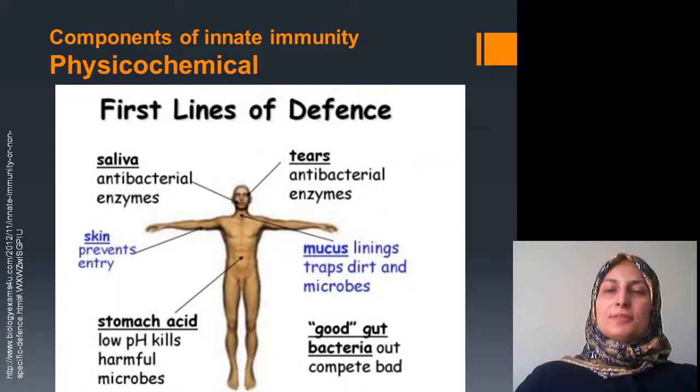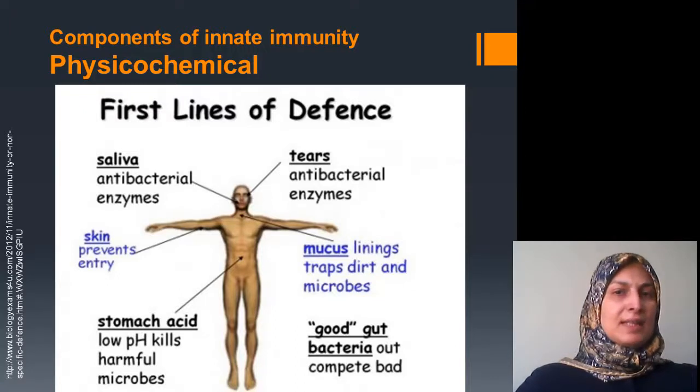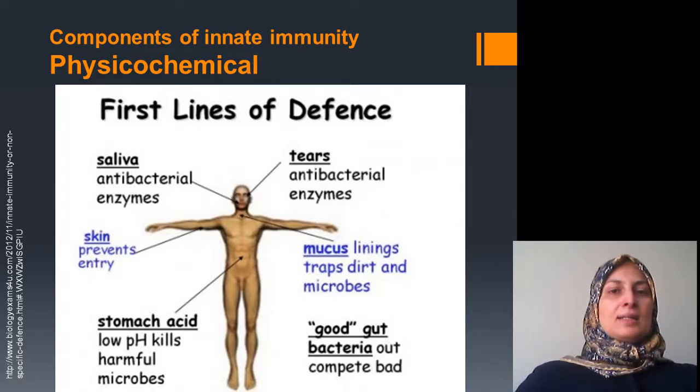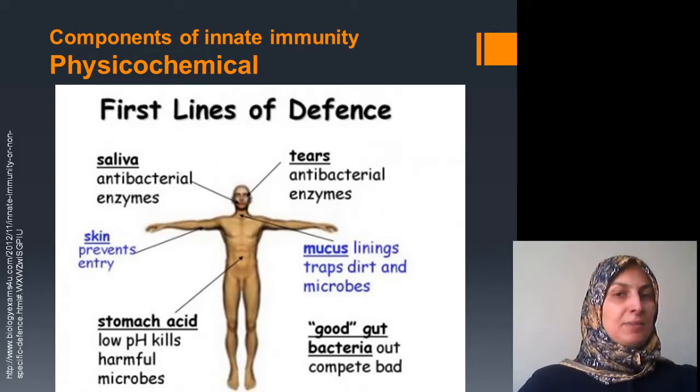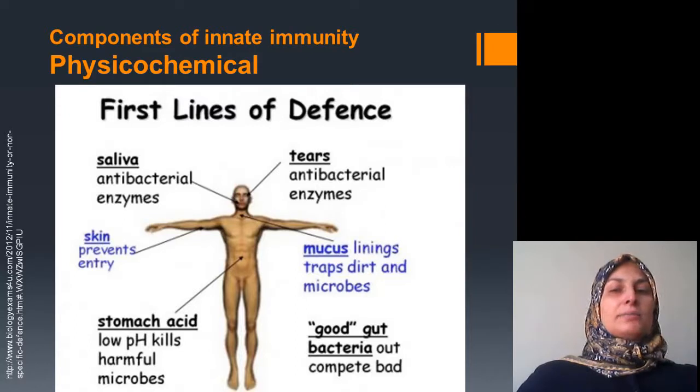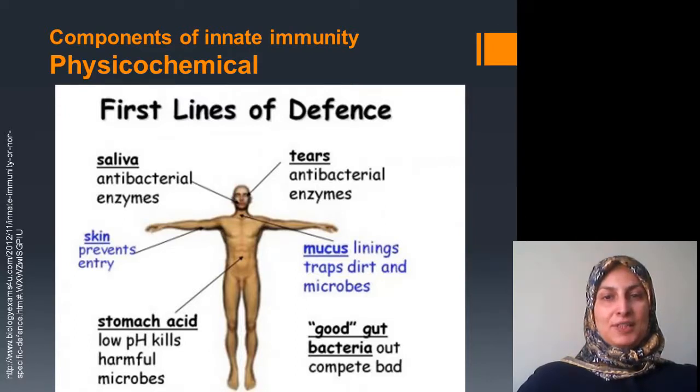So this is a sort of physical barrier, and we can appreciate the importance of this barrier from the increased chance of developing an infection when we have a cut wound, or for example in the case of a burn where a huge amount of the skin is lost. In this case the body would be at high risk of developing infections.